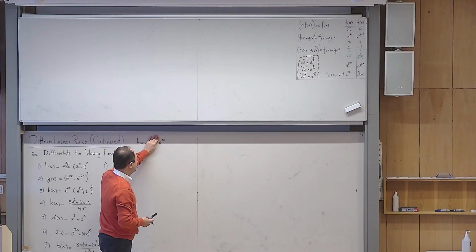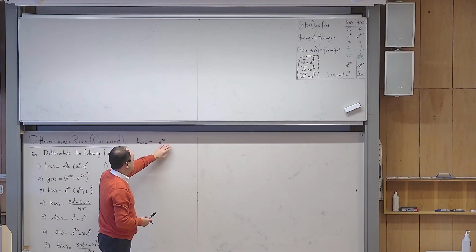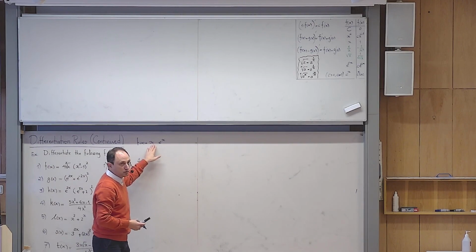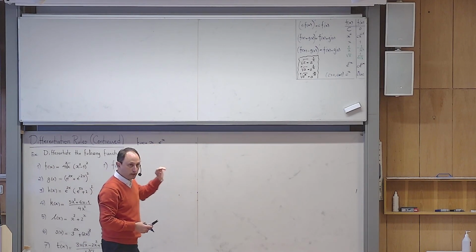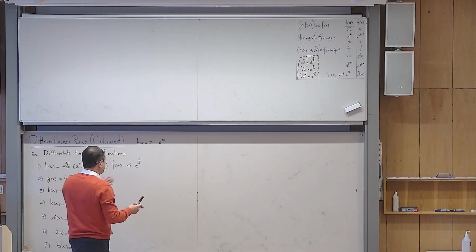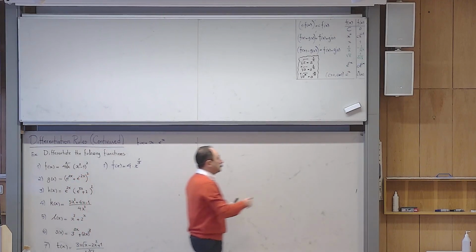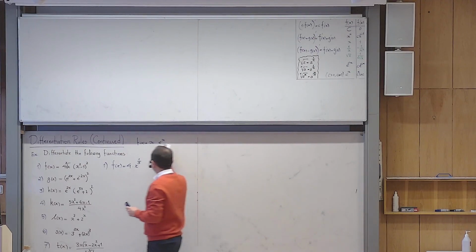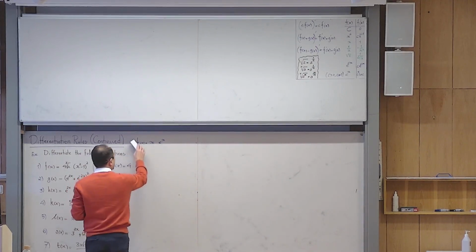The derivative of e to the power x is e to the power x. But there is no way that you can find the derivative of this very simple looking function if you don't know the product rule. So sometimes you really have to know the product rule. For this simple function, you have to wait a little bit to see what the product rule is.